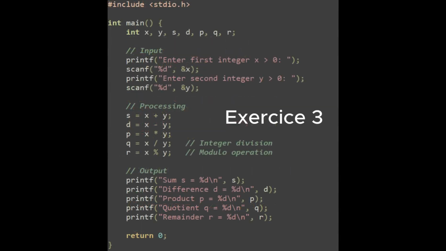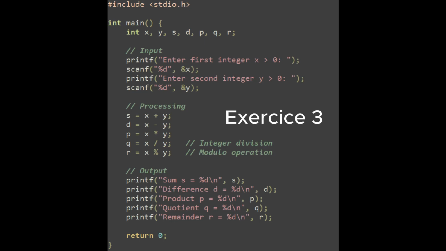Exercise 3. Arithmetic operations. Objective: perform basic arithmetic on 2 integers. 1. Problem analysis. Inputs: 2 integers x and y, where y is greater than 0. Processing: sum, s equals x plus y. Difference: d equals x minus y. Product: p equals x times y. Quotient: q equals x divided by y.